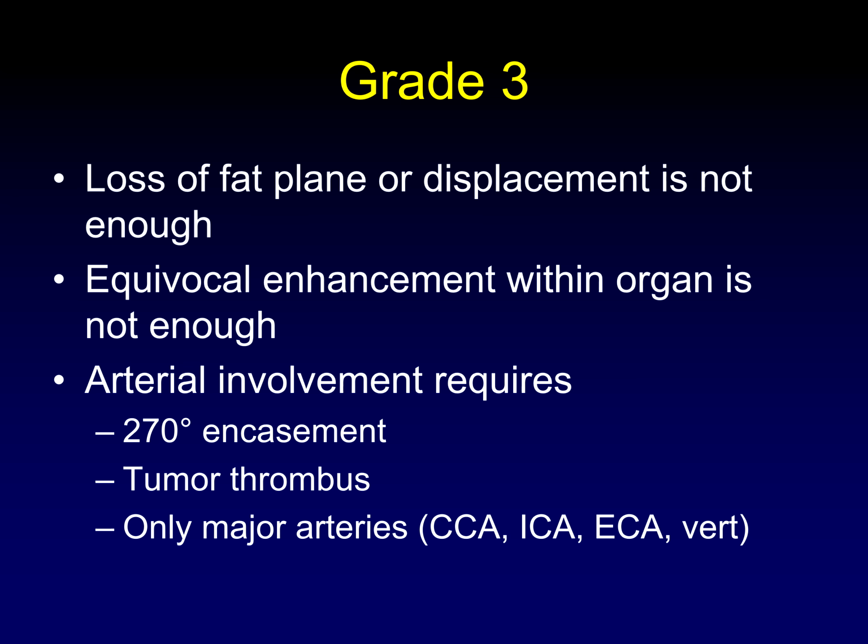If you see tumor thrombus inside an artery or a vein, that is sufficient to indicate that it has been invaded. We're only talking here about major arteries: the common carotid, internal carotid, external carotid, vert. If you see a branch of the facial artery that's invaded, that's not sufficient. We're really only talking about major arteries for arterial involvement.